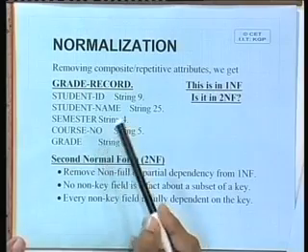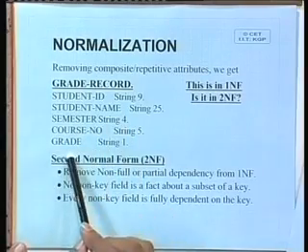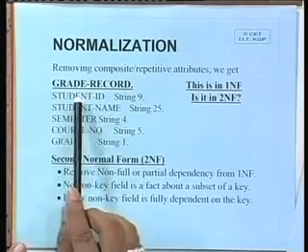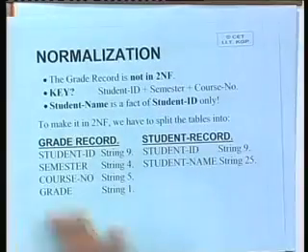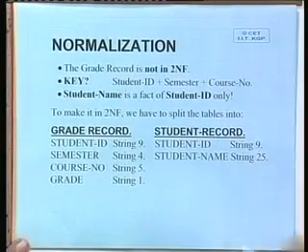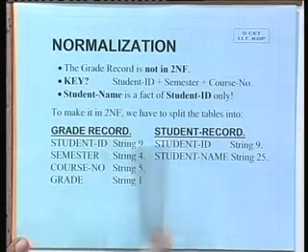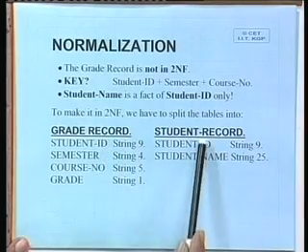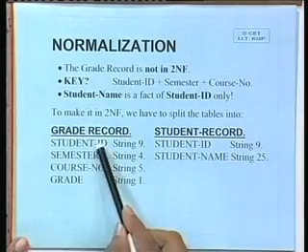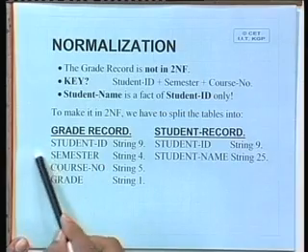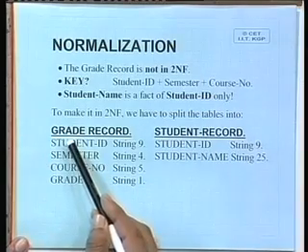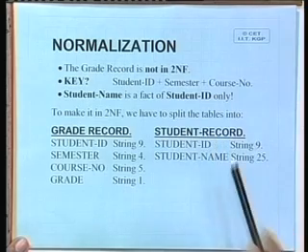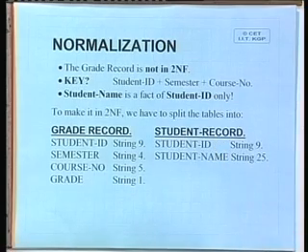Out of that, grade depends on all of them, but student name depends on student ID only. Because of this, we must remove the non-full dependency. This is possible by splitting it into two tables, grade record and student record. The grade record has student ID, semester, course number, which is the key, and grade is dependent on all of them. And the student record has student ID and student name.